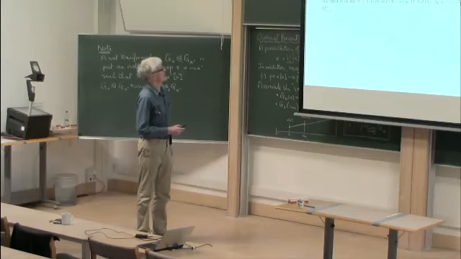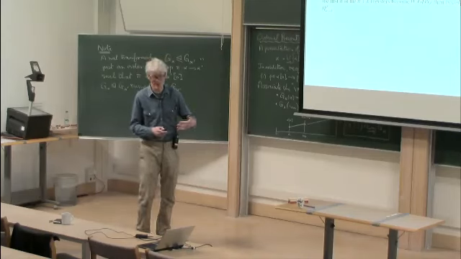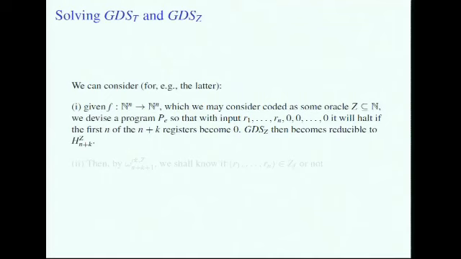Okay, so this says perhaps what your straightforward guess might be as to how you would solve this problem about whether these triangle sets or these zero sets exist. I've alluded to this already. If you've got a function from n to itself, you consider that coded up as some oracle Z, and you just devise a program so that with input, the starting point, and it's going to use some more registers, perhaps as I've mentioned, you just run the program and it'll search to see whether the thing goes to the origin or not.